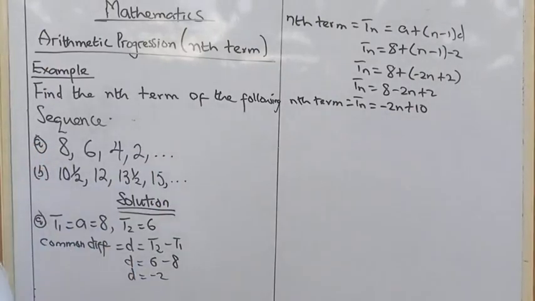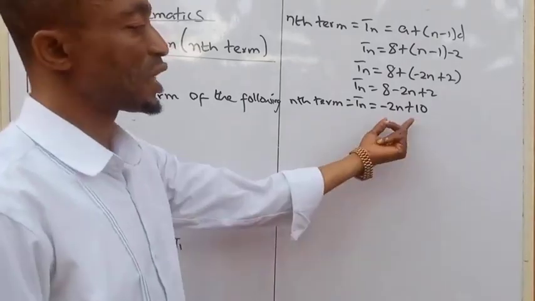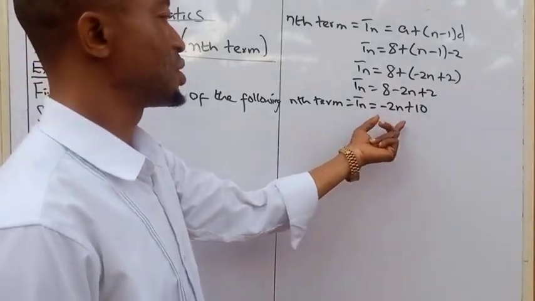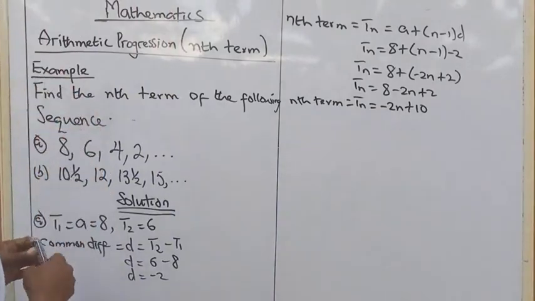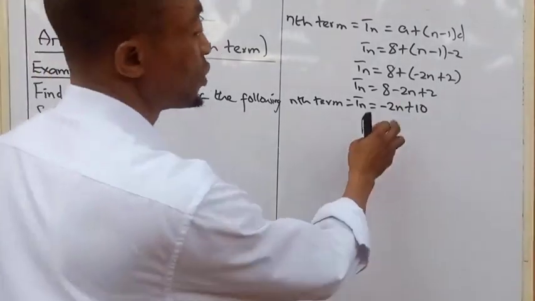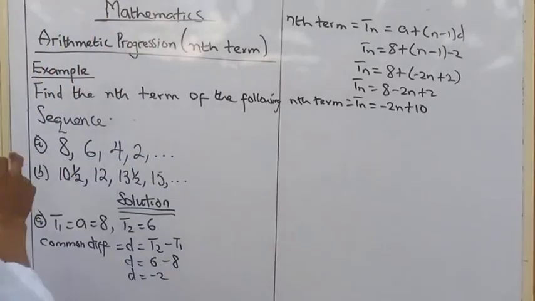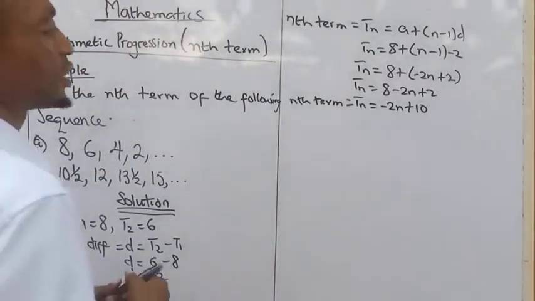Now if you substitute your first term, T1, into this formula, you will see that we are going to get 8.